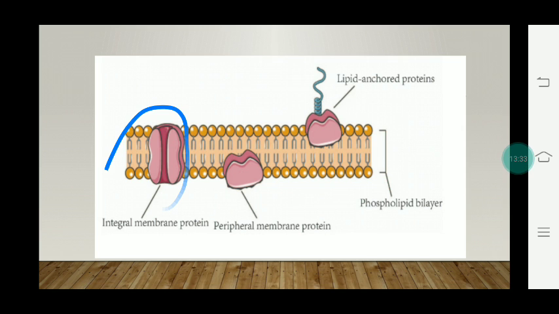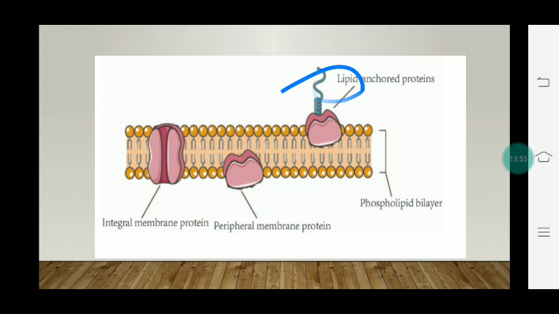Some proteins are linked or covalently bound with lipid molecules and are called lipid linked membrane proteins. So that's all about the membrane proteins of the plasma membrane.